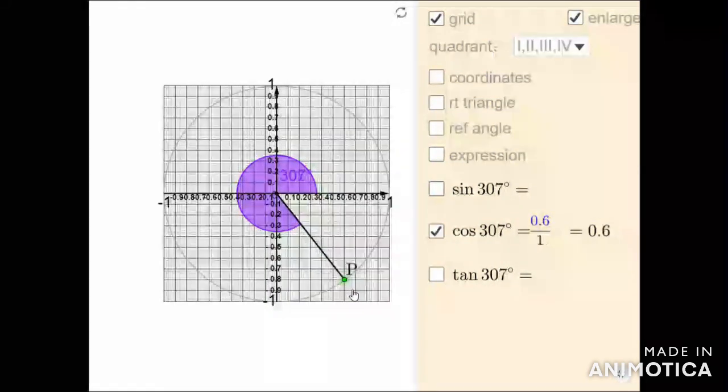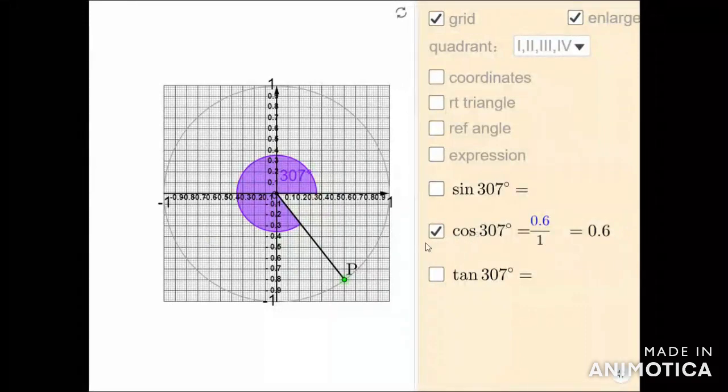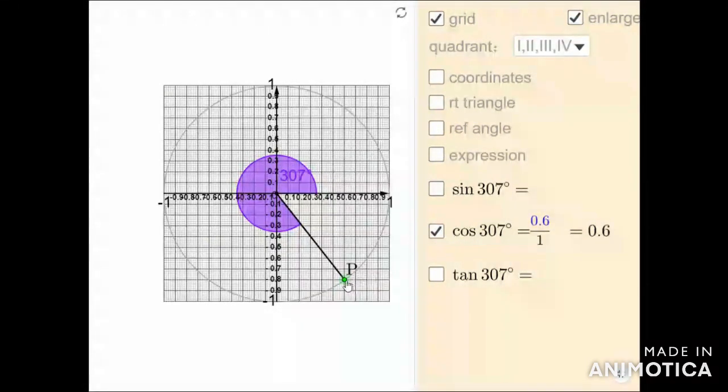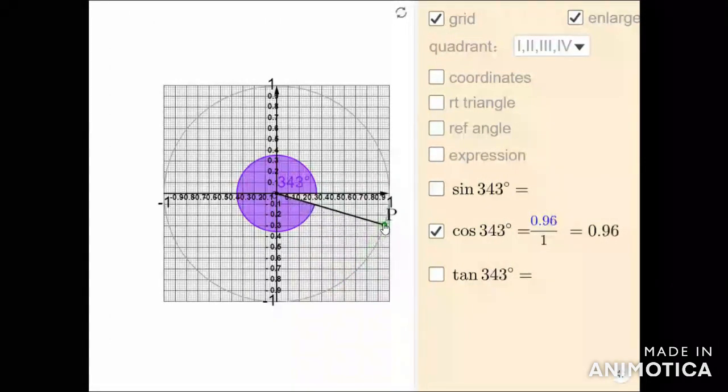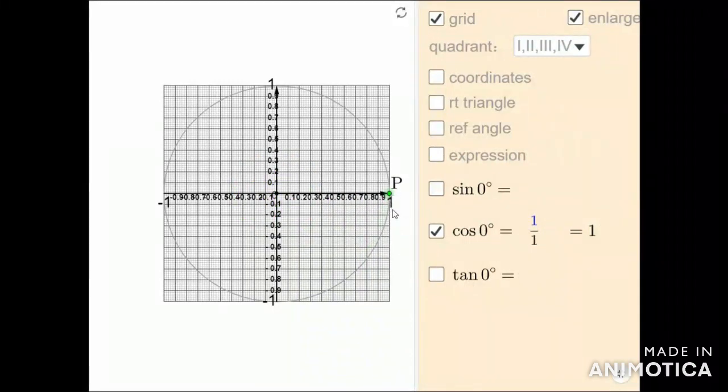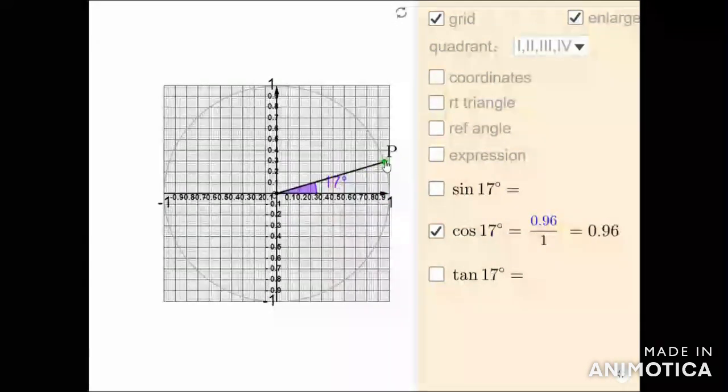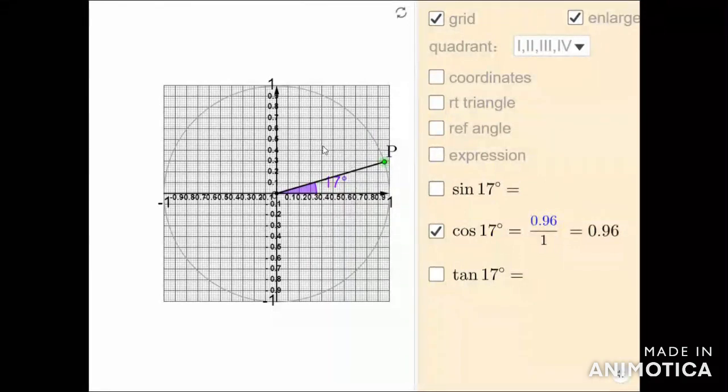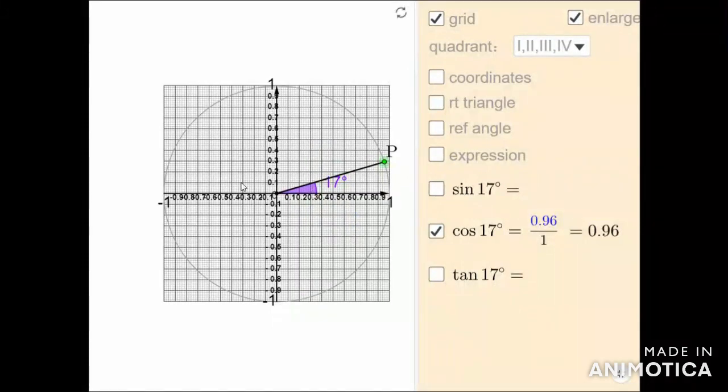In the fourth quadrant x is positive, therefore cos is also positive, and cos of 307 degree is equal to 0.6, and like this it is possible to do the complete rotation, and cos of 360 degree is equal to cos 0 only, which is equal to 1, and it is possible to get the value for further rotation similar to sin x, and the values will repeat again even if you increase the angle. This is the method of finding the values of trigonometric functions sin x and cos x.